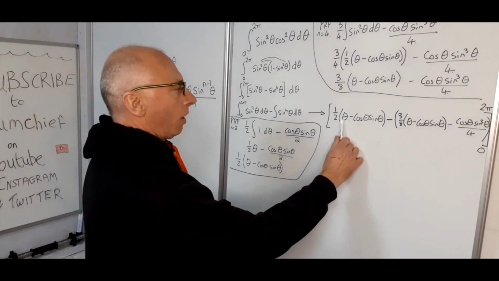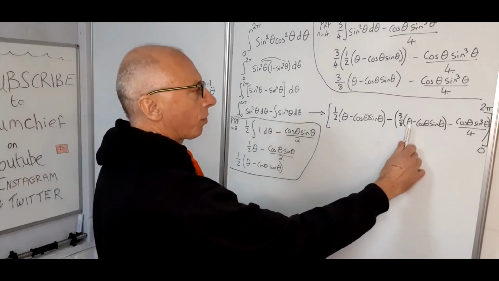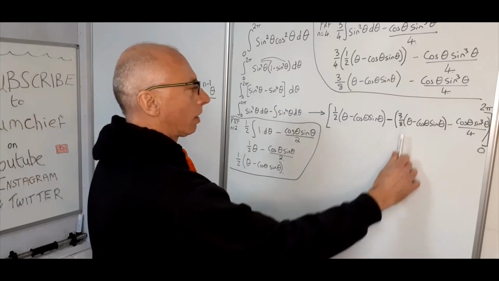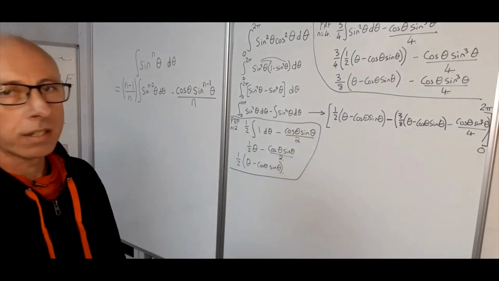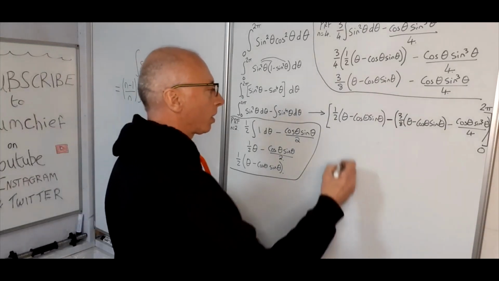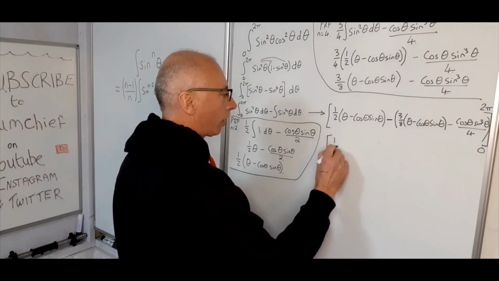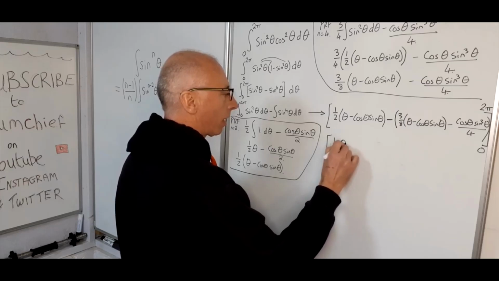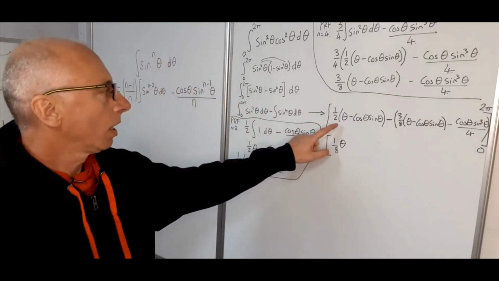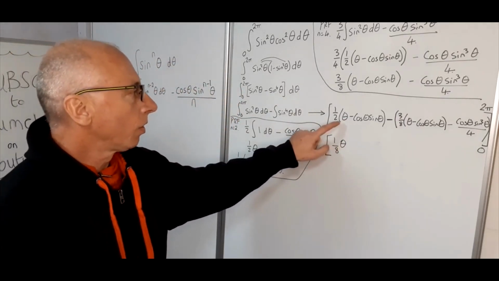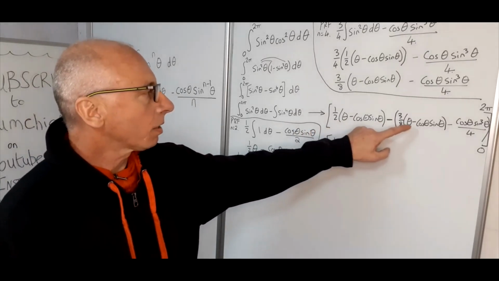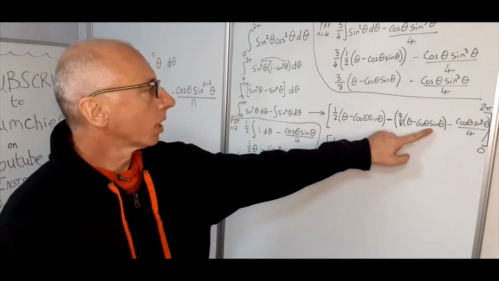So we've got half of theta minus 3/8 of theta. So 1/2 minus 3/8 gives us positive 1/8. So I'm going to continue with my full bracket here. So 1/8 of theta. And now we've got this term minus this term.